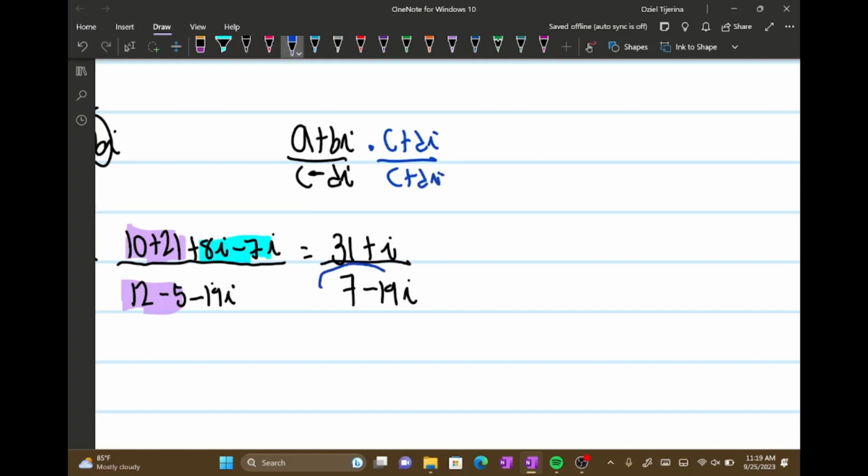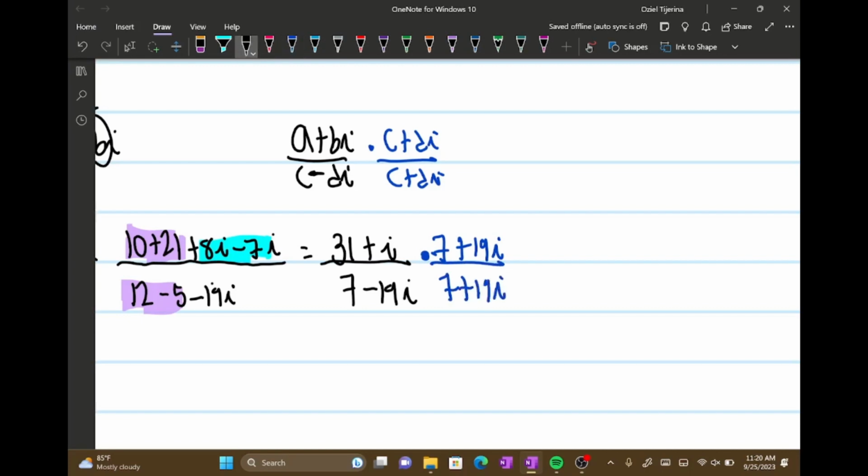So here, this is 7 minus 19i, so I'm going to multiply by 7 plus 19i over 7 plus 19i, because that is the conjugate.